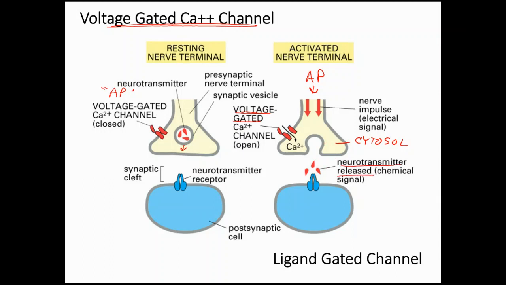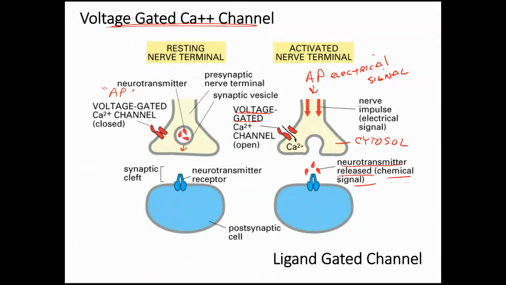Okay, so here we have an electrical signal coming down. This is an electrical signal, and this electrical signal is now turning into a chemical signal because we're now getting a release of the neurotransmitter, whatever that is. So this could be a nerve ending in maybe the neuromuscular junction, right?